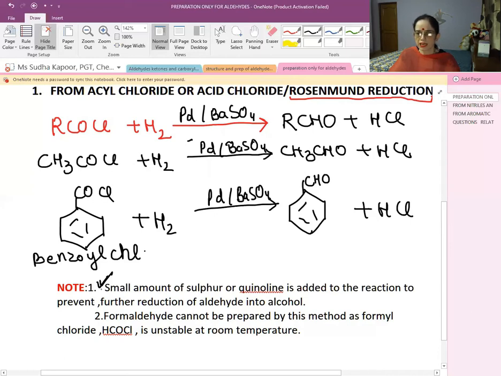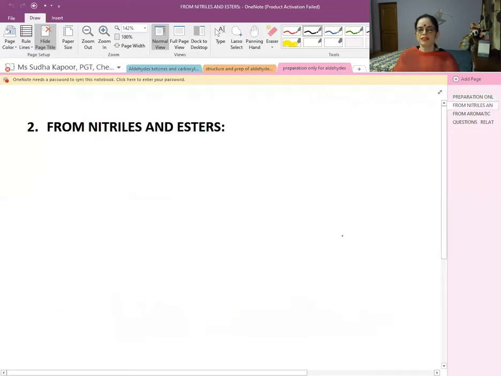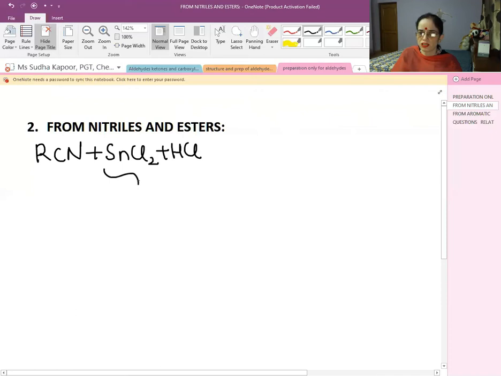Now let us come to the second preparation, which is from nitriles and esters. Nitriles are RCN, the CN part. This reaction that I am going to explain is known as Stephen reduction. The reaction takes place in the presence of SnCl2 and HCl. The basic function of SnCl2 and HCl is that they generate SnCl4 and nascent hydrogen is obtained, which results in the reduction of RCN.